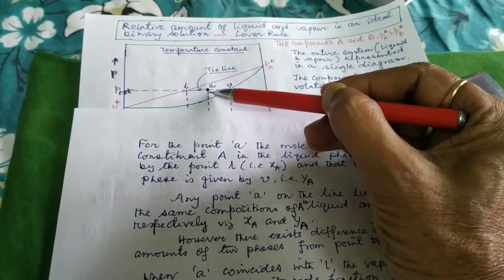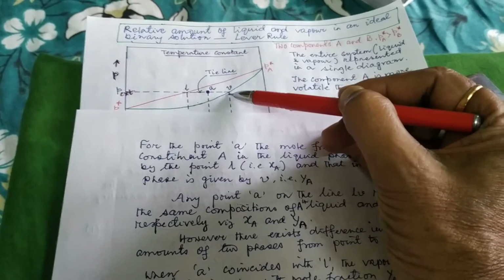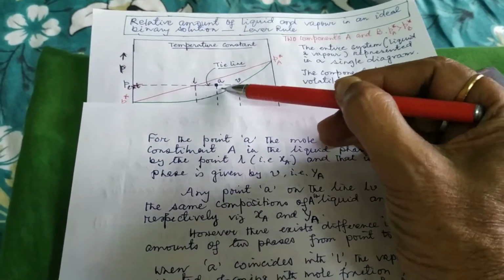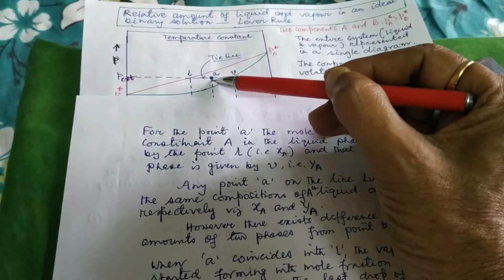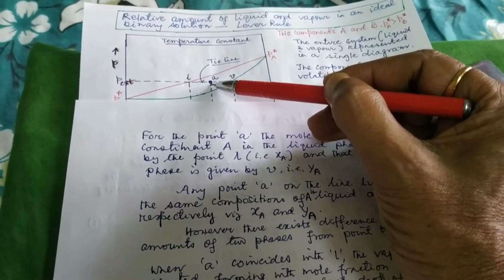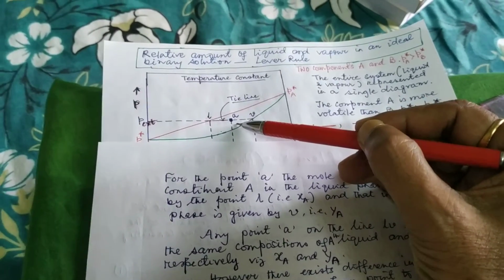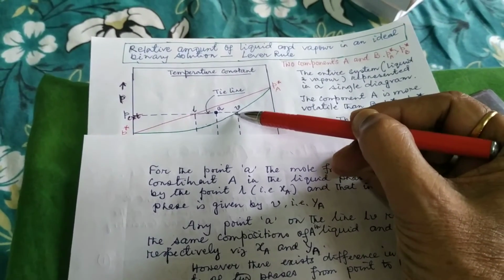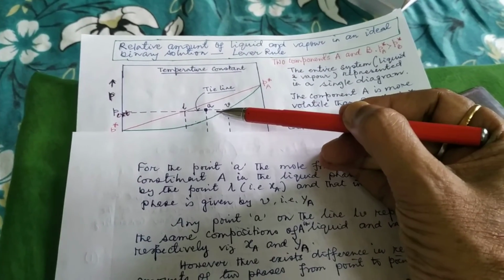Similarly, AV represents the amount of liquid formed, because if we go from V to A, more and more liquid will be formed, again keeping all the while the mole fractions of the two phases equal to XA and YA.